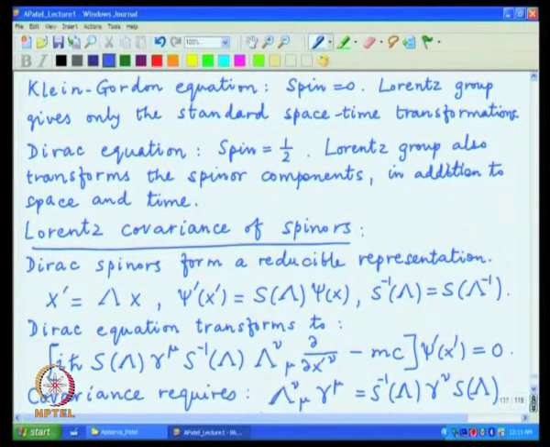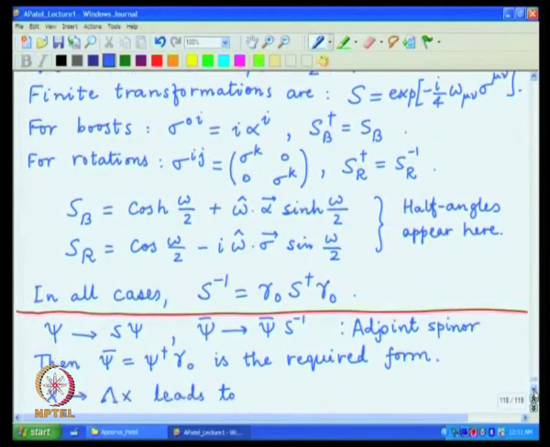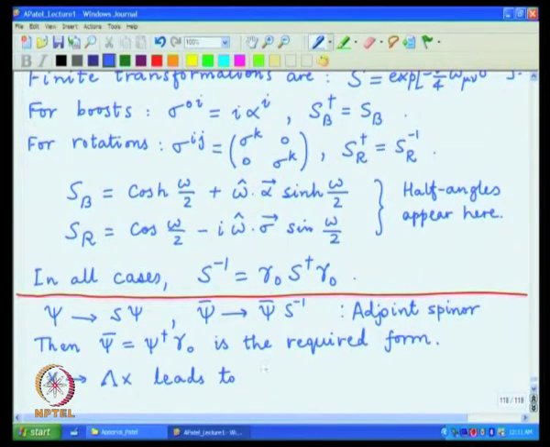So, we can rewrite this equation in an equivalent form, that gamma mu will go to S times lambda gamma times S inverse.